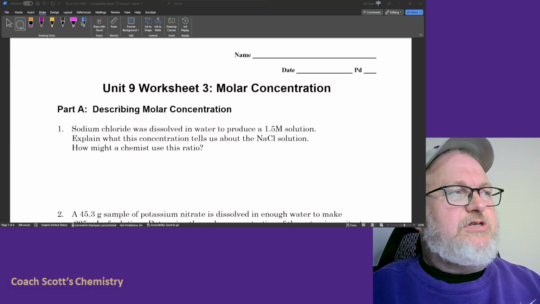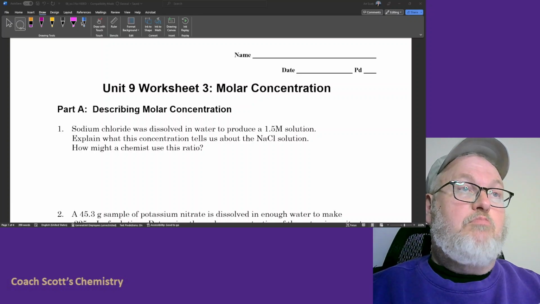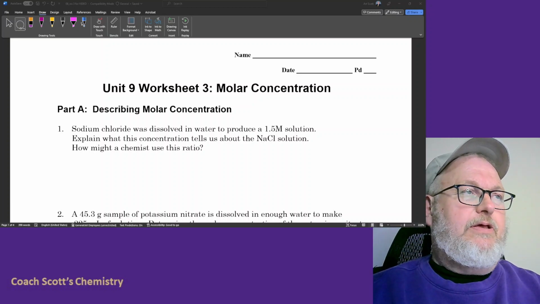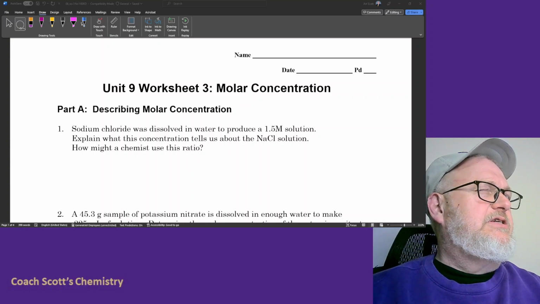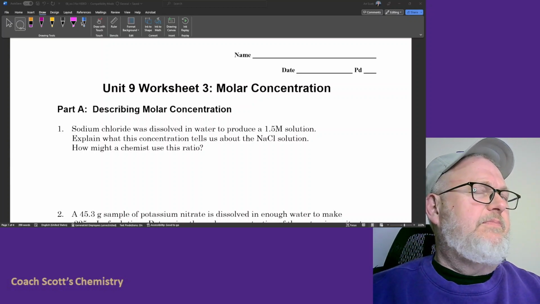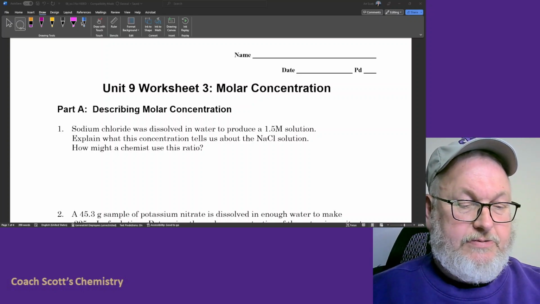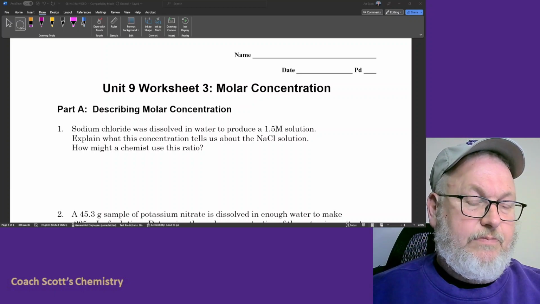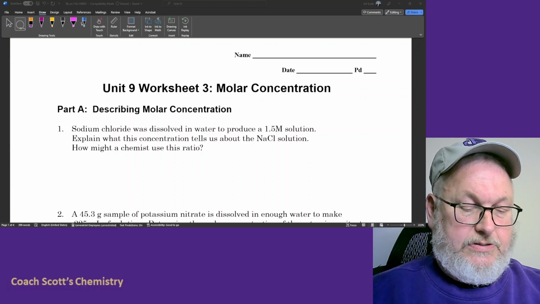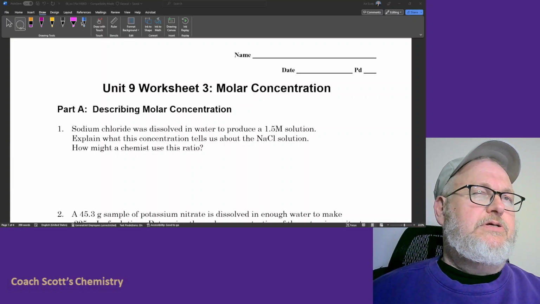So if we dissolve sodium chloride in enough water to produce a 1.5 molar, see the capital M, solution, what does this tell us about how much sodium chloride is in there? Well, sodium chloride is about 23 grams plus 35.5, about 58.5 grams.